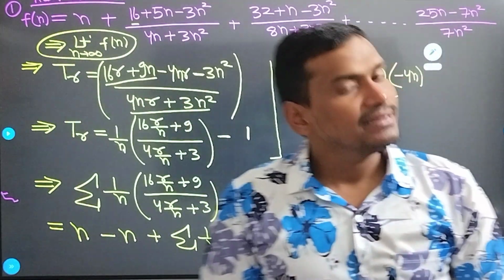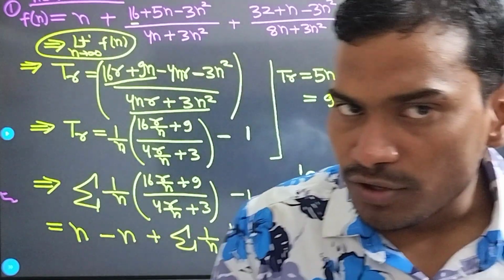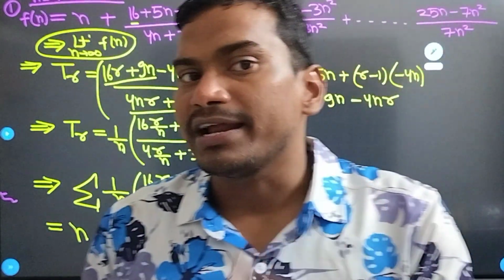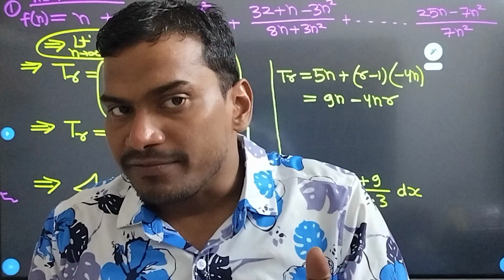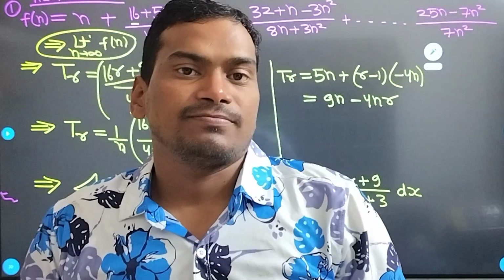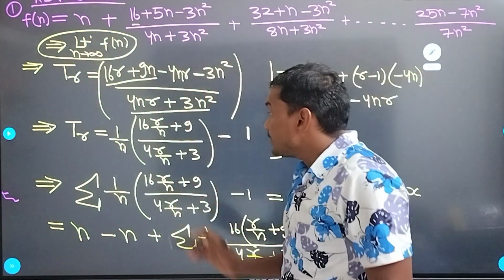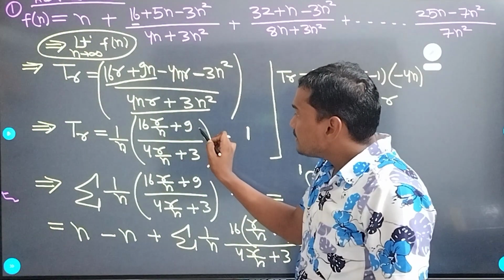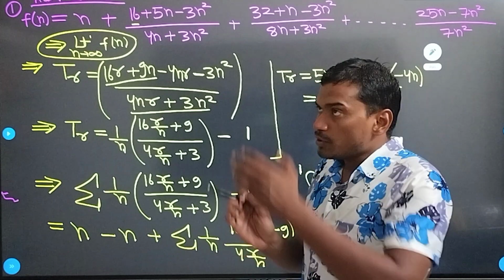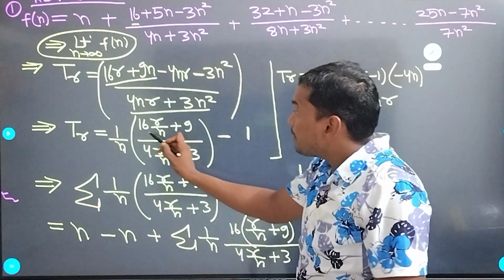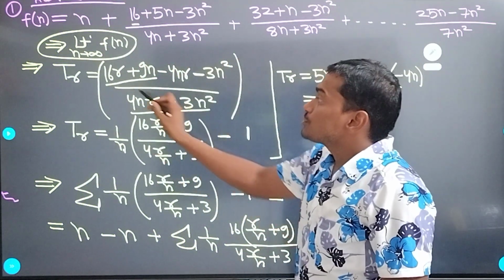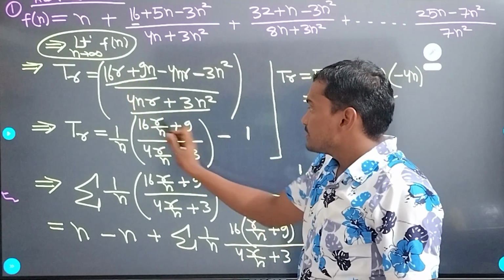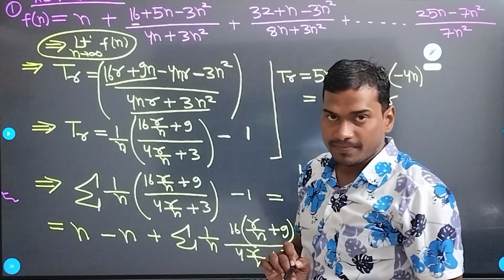Because when we apply this definite integration as limit of sum, we want this 1 by n. Because 1 by n we write as dx, r by n we write as x. So for that purpose, the denominator we divided by n square, the numerator we divided by n square, but 1 by n outside and 1 by n we have done here. So when we divide by n, it will be 16 into r by n plus 9. So in total we got this.